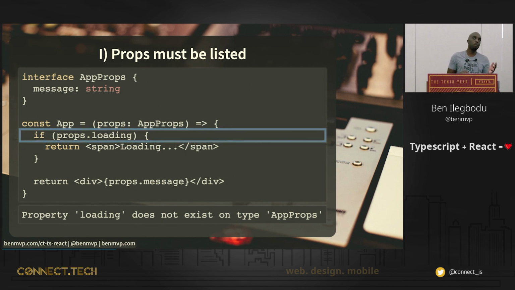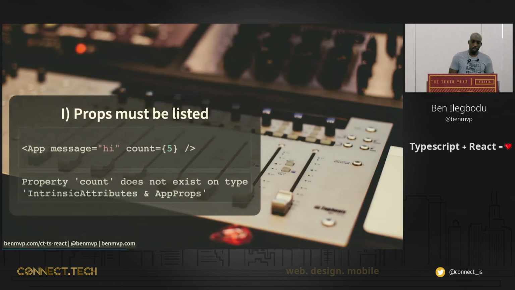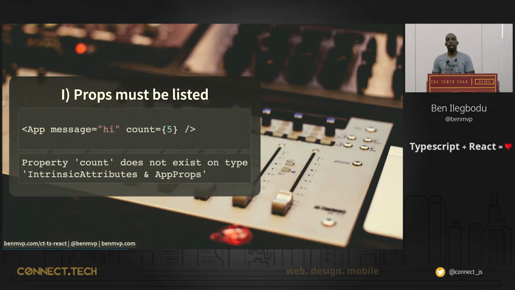So, there are various ESLint rules to try to catch this kind of thing, but they're only limited in what they can do. Similarly, we can't pass a prop if it hasn't been defined either. How many times have we seen props being passed to a component in the render, and it's not in the prop types defined for that component?